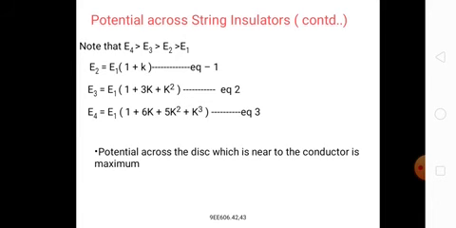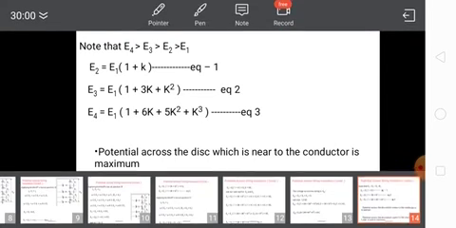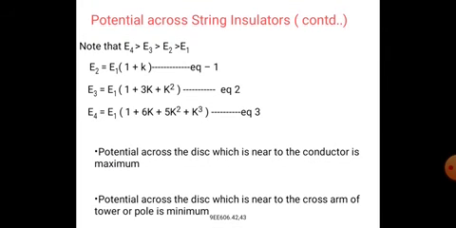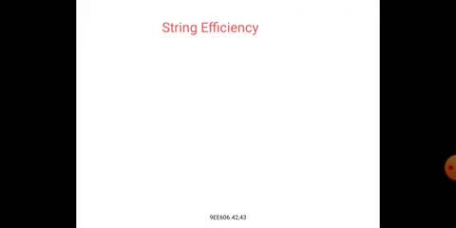So the potential across the disc which is near to the conductor is maximum. The potential across the disc near to the cross arm of the tower or pole is minimum.